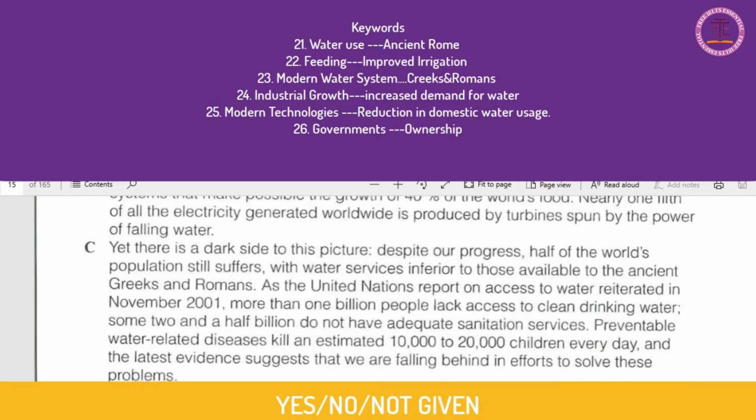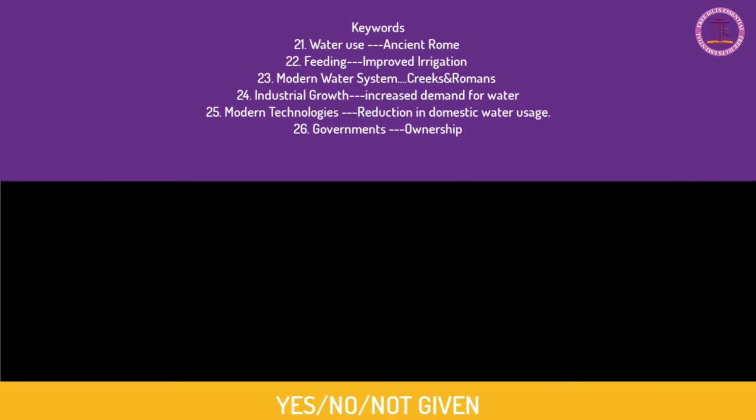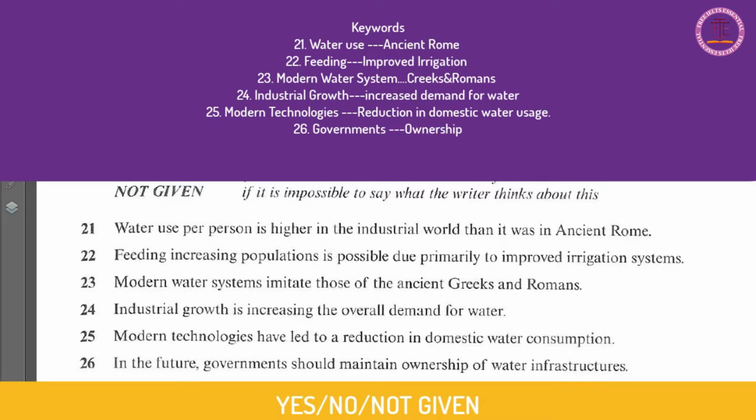C. Okay, all right. Yet there is a dark side of the picture. Despite our progress, half of the world's population still suffers with water services inferior to those available in the ancient Greeks and Romans. Okay, Greeks and Romans are there, but he's talking about Greeks and Romans, imitation, and modern water system.